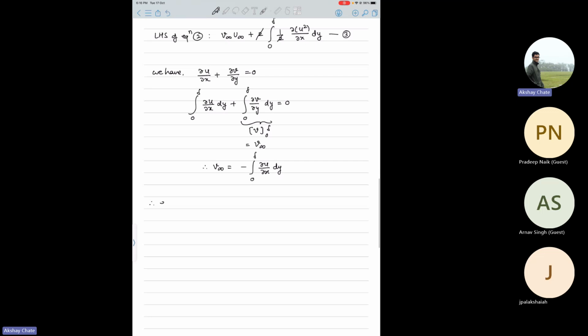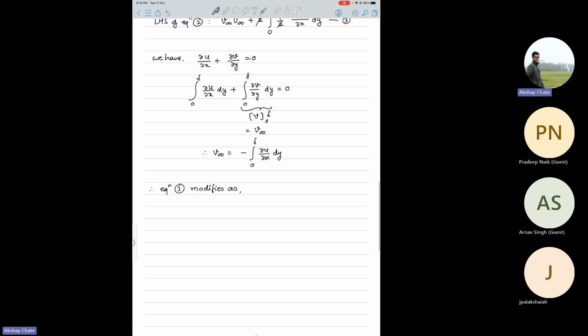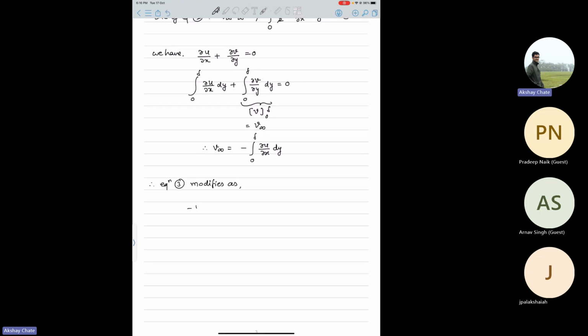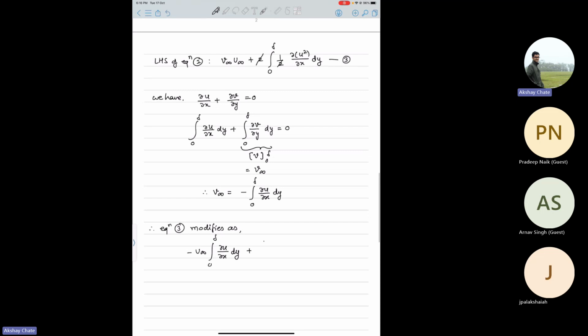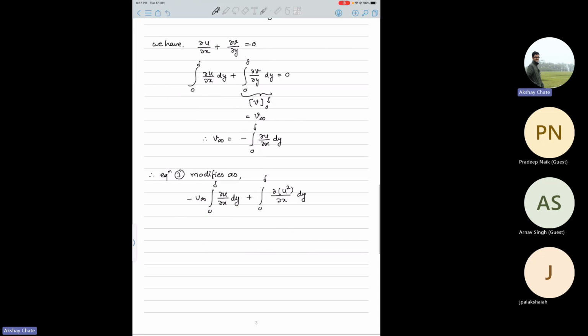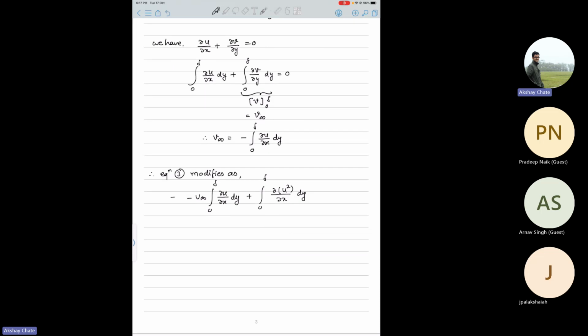So equation number 3 modifies as, it will become minus u infinity times the integral from 0 to delta of del u by del x dy, plus the integral from 0 to delta of del u square by del x into dy. Correct, no? Yeah. Maybe we'll put an equal sign here.